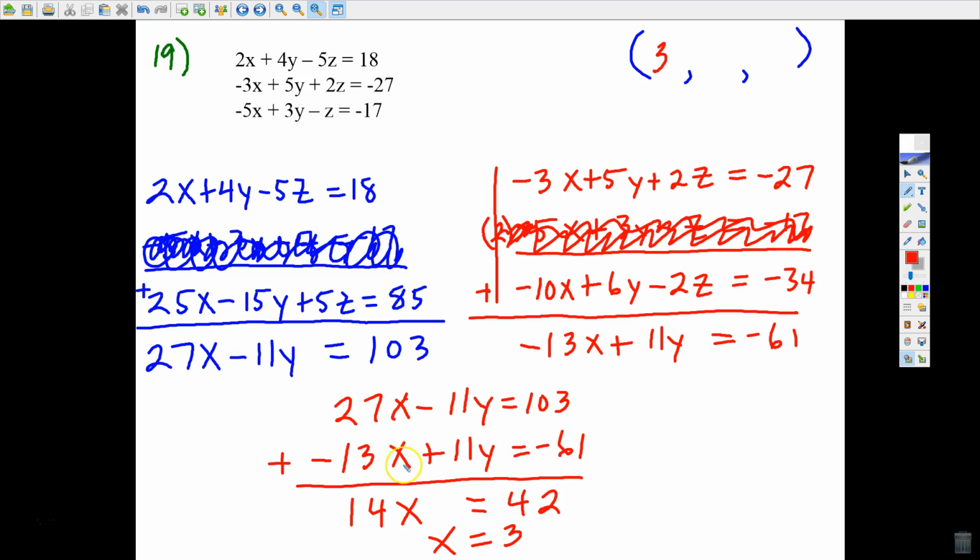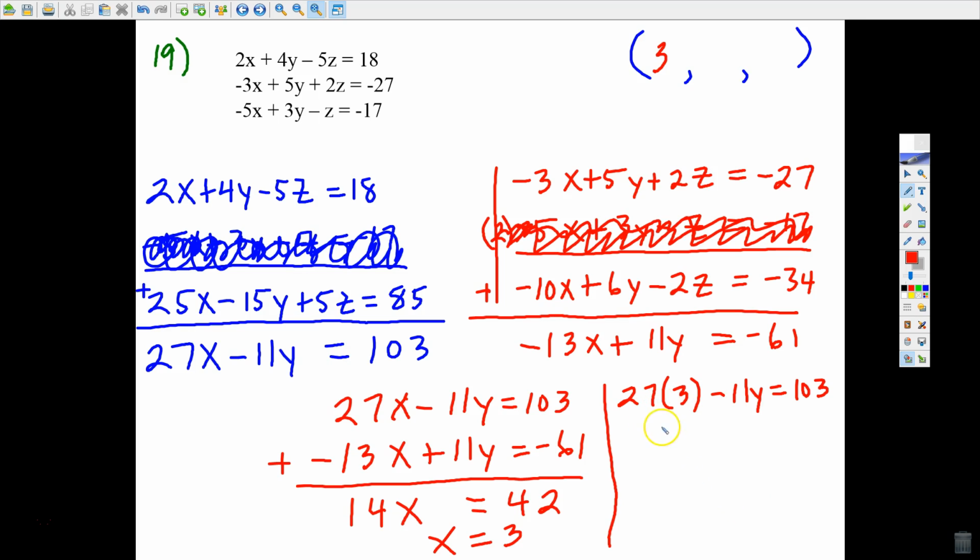You can replace either one of these x's with 3. You can use a calculator on this test, so that shouldn't be too much of a problem. I'll just go with the top since we've got a negative here. 27 times 3 minus 11y is 103.